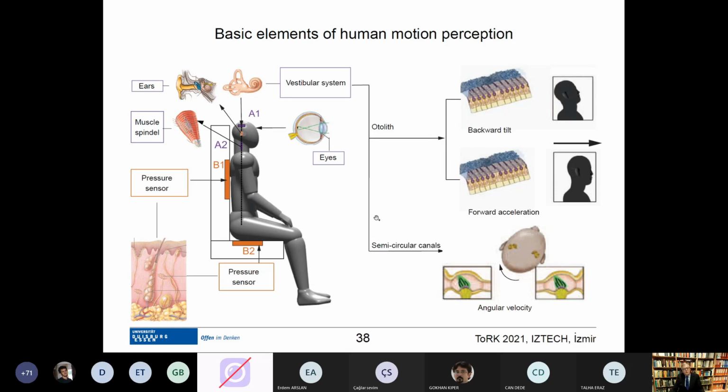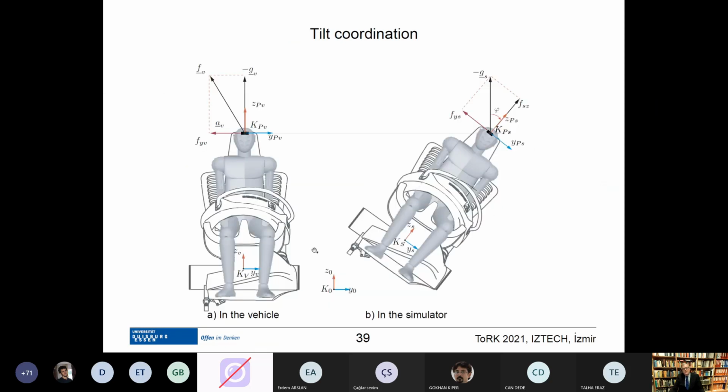Now we'll go a little bit quicker. The perception is also a very interesting thing. You have perceptions in the so-called vestibular system, but you also have perceptions of pressure, which is called proprioceptive. A good model tries to use gravity too. By tilting this platform, gravity will produce a sensation that you are accelerating in a transversal direction.